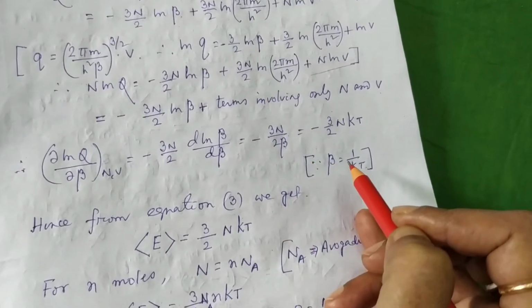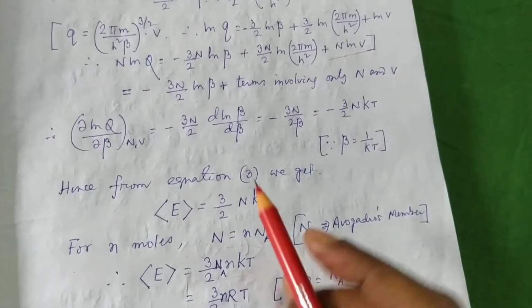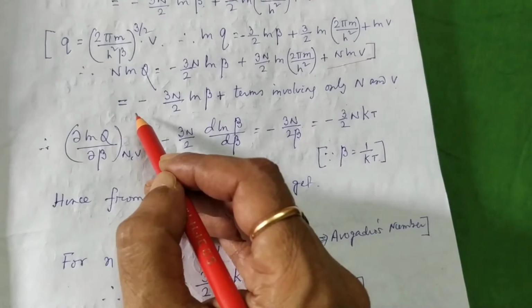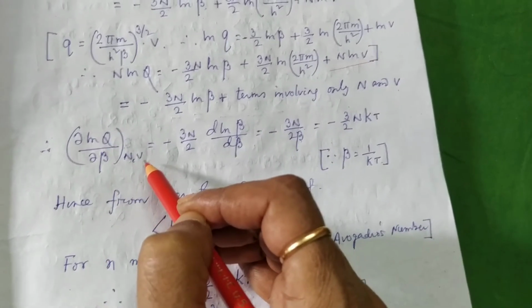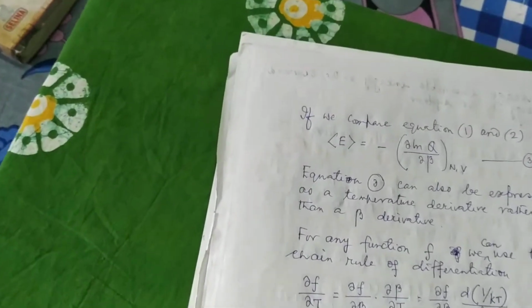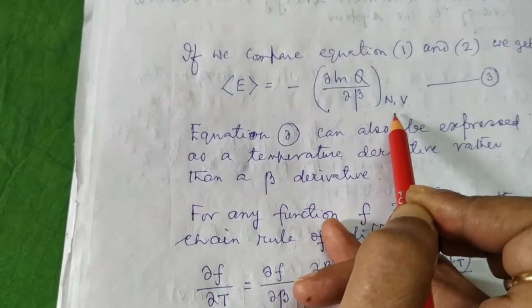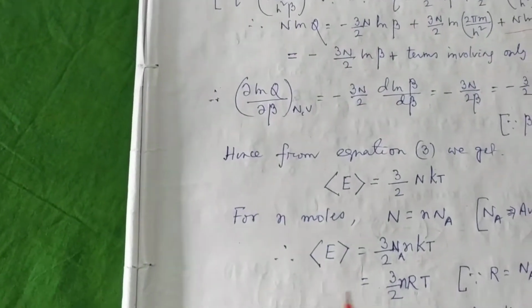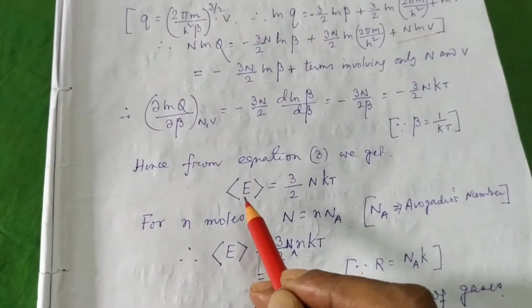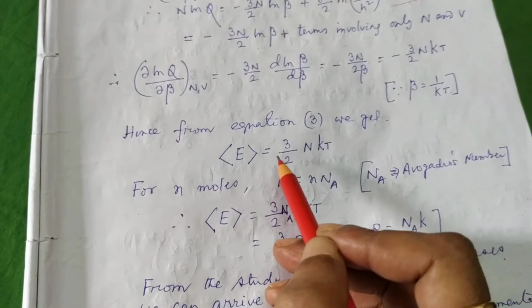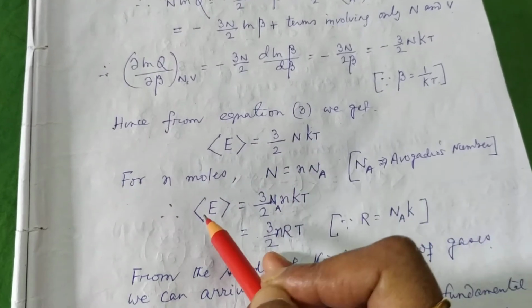Now from equation 3, the average energy equals minus del ln Q by del beta at constant N and V. So from equation 3, the average energy equals 3 by 2 N kT.